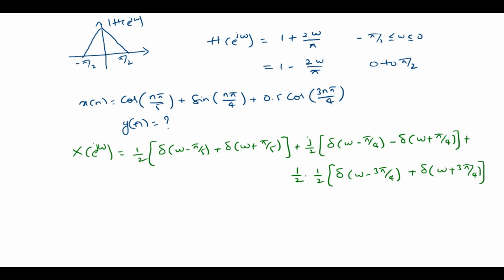Now normally the response y of e power j omega is nothing but x of e power j omega into h of e power j omega. Okay, now multiply these two. That is, y of e power j omega is, what is x of e power j omega?